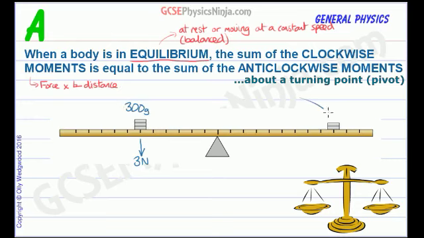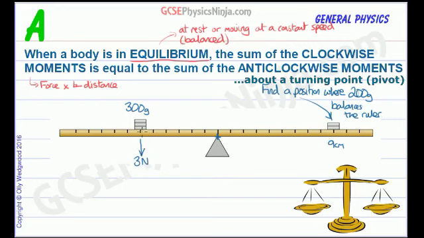Now we can find a position where, let's say, 200 grams would balance that 300 grams. So we could write here, find a position where the 200 grams balances the ruler. And let's say that you find that position and it is at 9 centimeters away from the pivot.